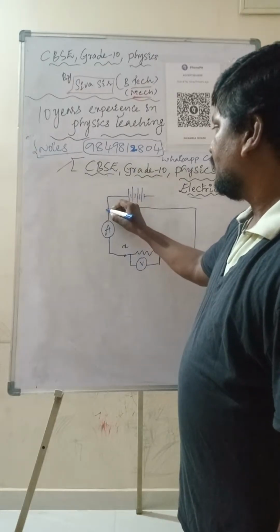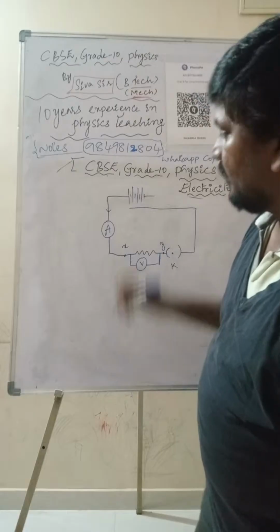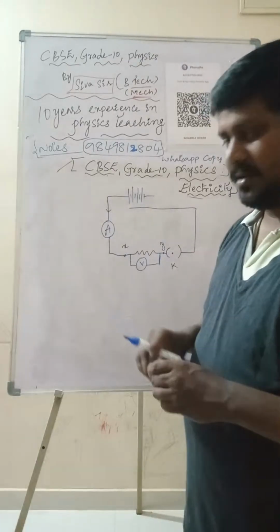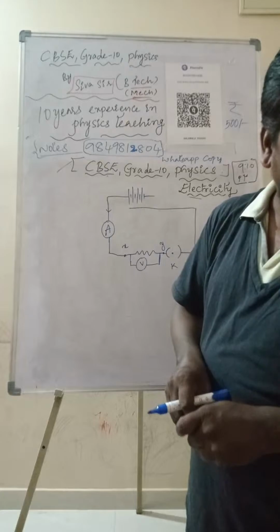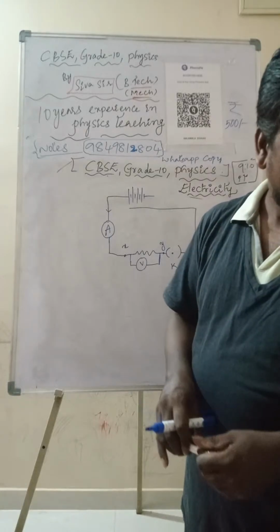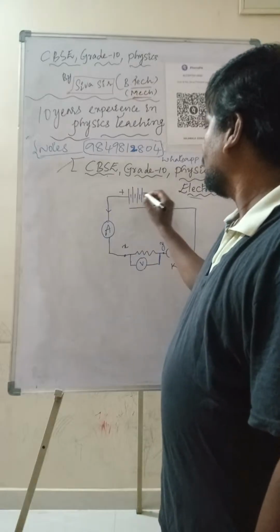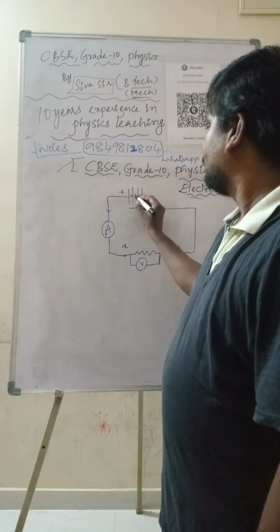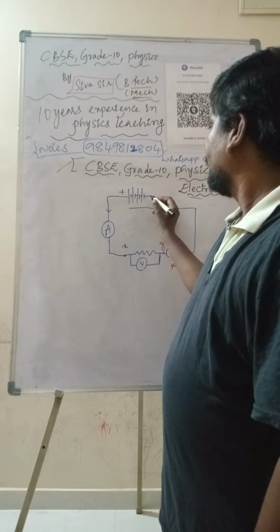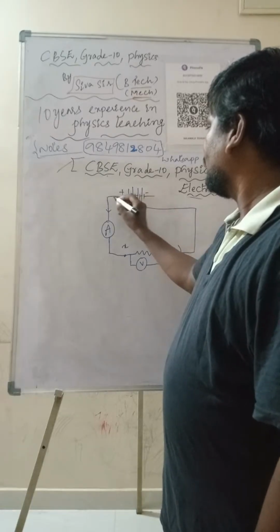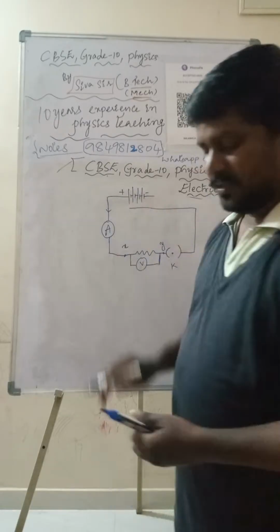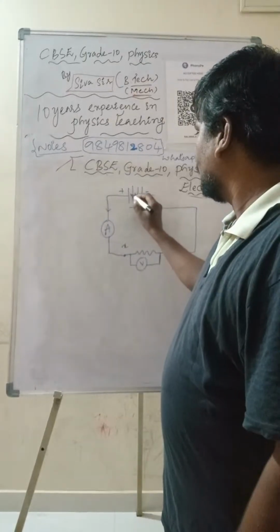So the current is passing like this. Current is coming from the positive terminal to the negative terminal, right? So in this case, positive terminal, negative terminal, and the current is flowing like this.